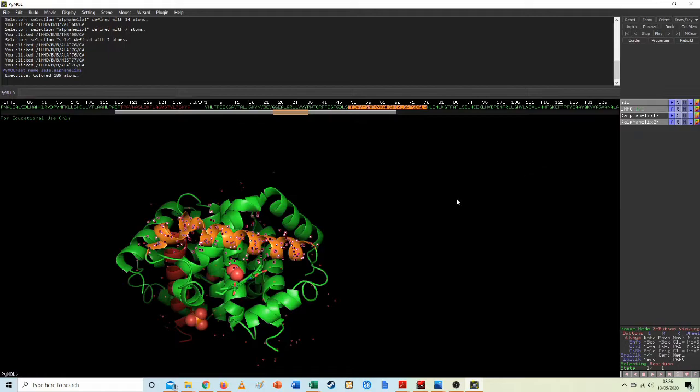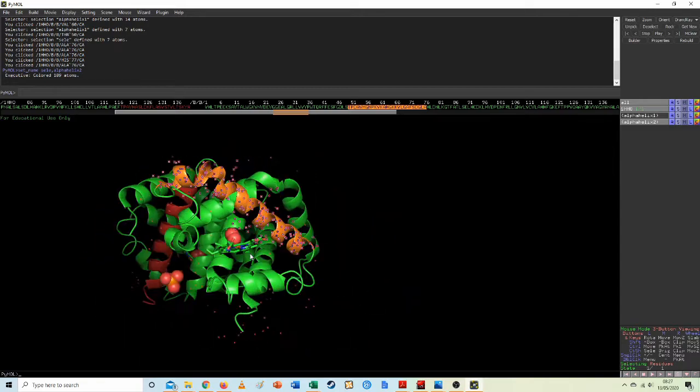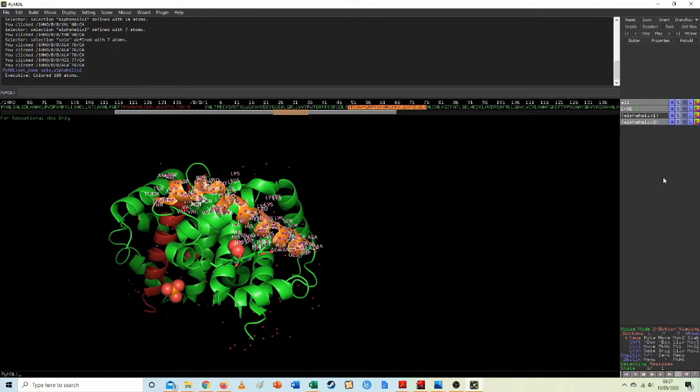Now, if you remember, for this one, we had lots of alanines and valines and threonines. Let's label the residues by name again.